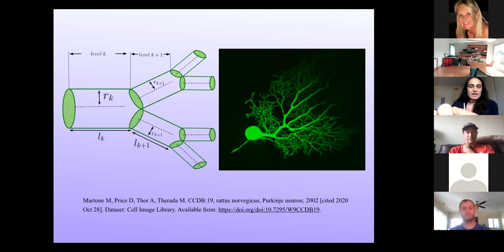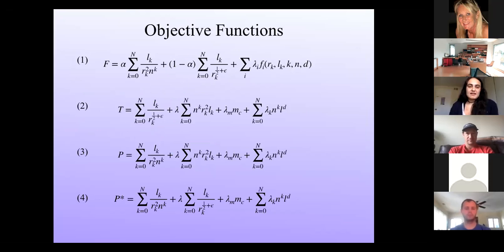So in this case, we have a bifurcating network. And so for a bifurcating network, that branching ratio is 2. If, let's say, at the branch, we had 3 daughters, it would be equal to 3. And as you can see, at each level, the number of branches is equal to the branching ratio to the power of the level of the network, k. So that's where that term comes from.